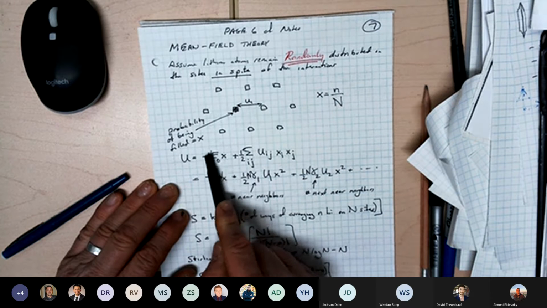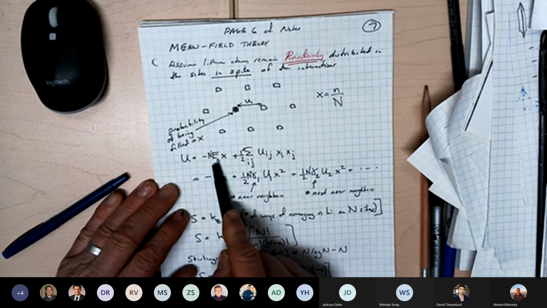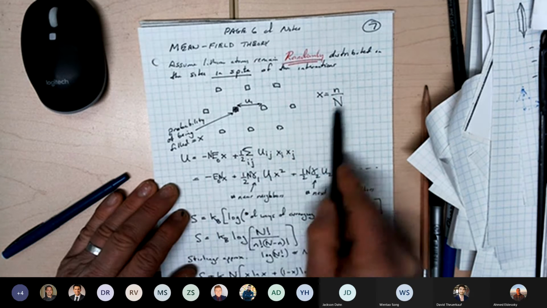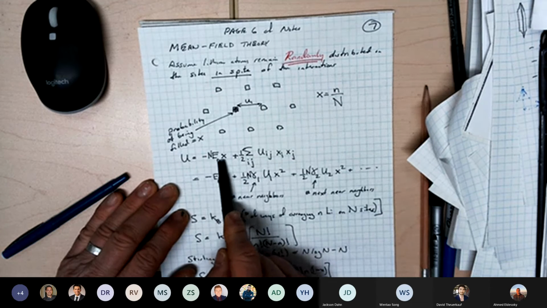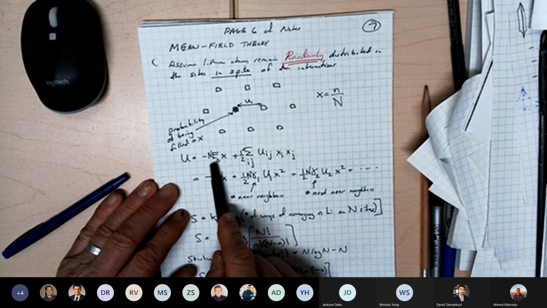The contribution to the internal energy from the binding energy is the total number of sites that are filled times E0. The total number of sites that are filled is little n, and that's big N times X. We're going to factor out the N's here because it's going to be most convenient to do this later on.